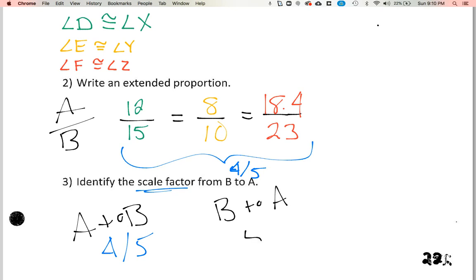B to A is 5 over 4. That's the only time it matters what's in the numerator and what's in the denominator. If that's not stated, then it's really no big deal.